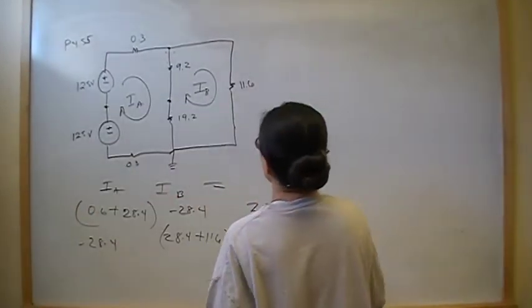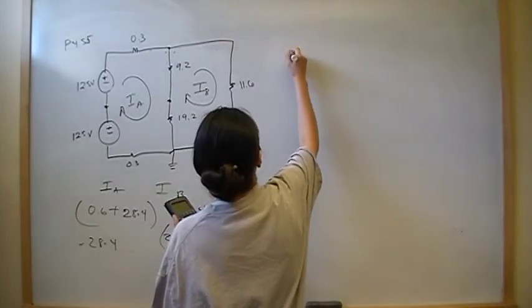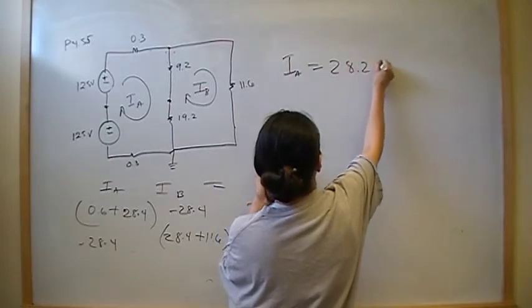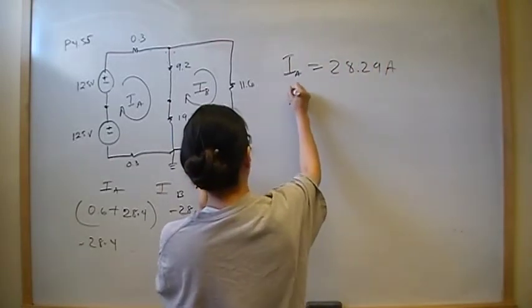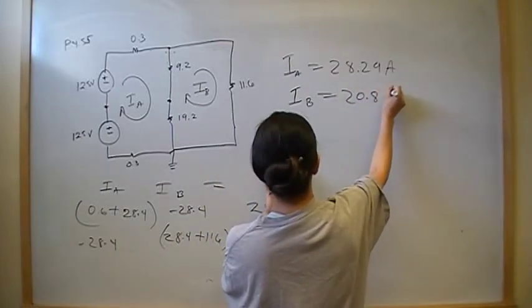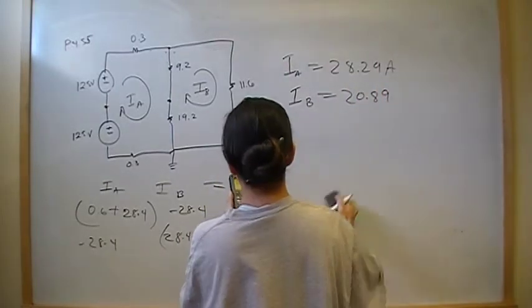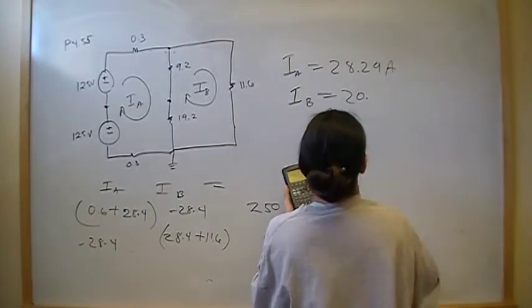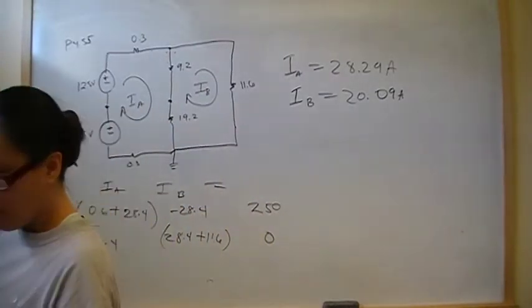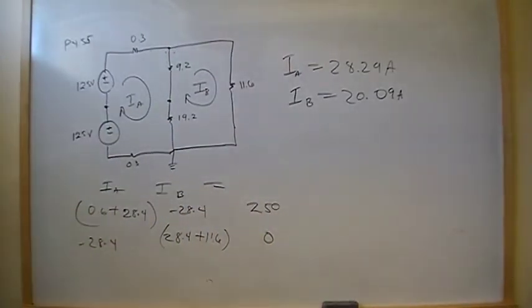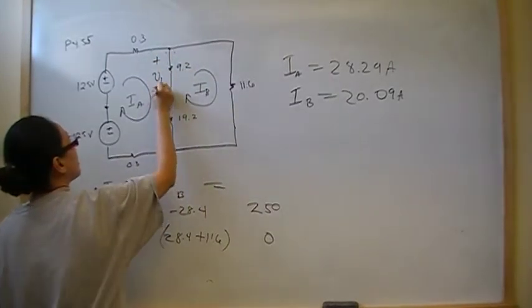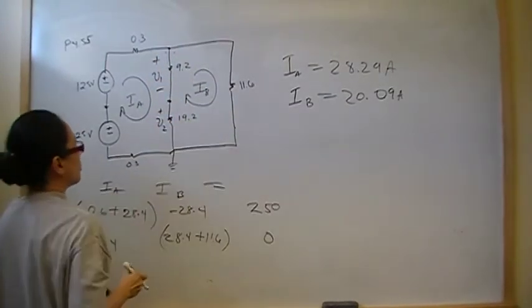So what we found out is that IA is 28.29 amps. IB is 20.09 amps. So they want us to look at V1 and V2. This is V1, and this is V2.